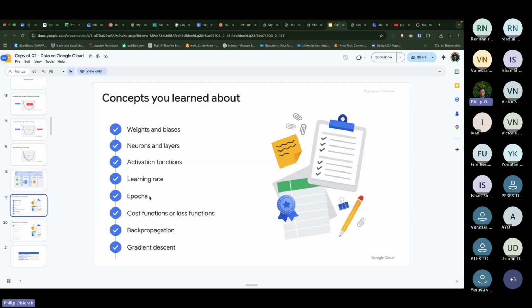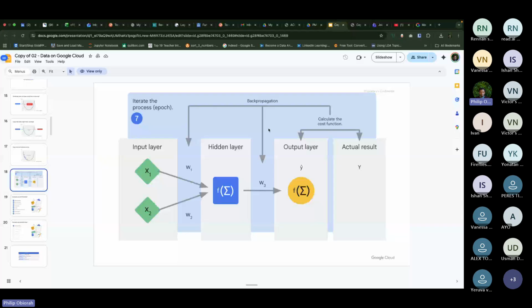And then, what else? Loss functions measure the error. Back propagation is how learning happens. It goes back to adjust the weights. That is how learning happens.